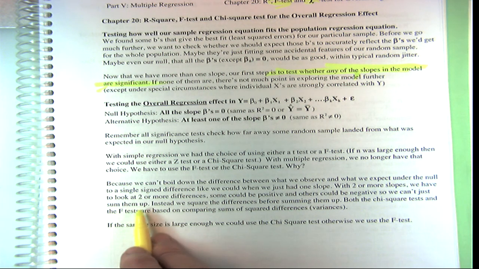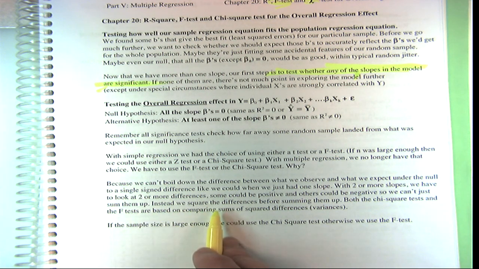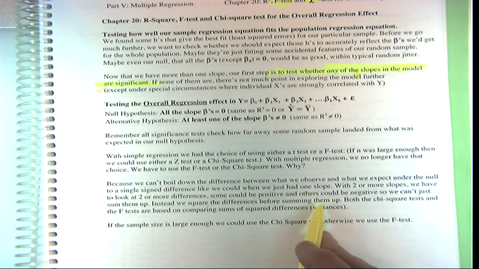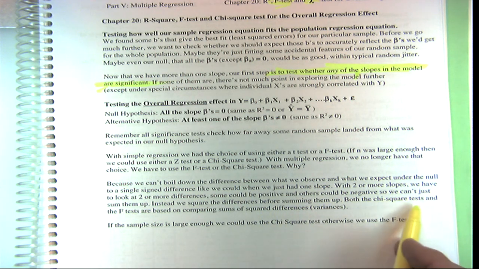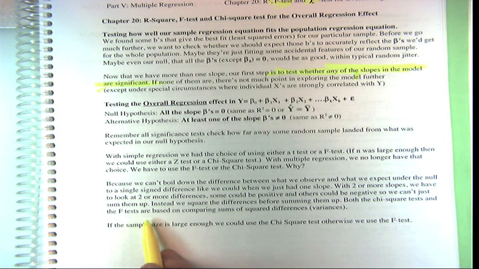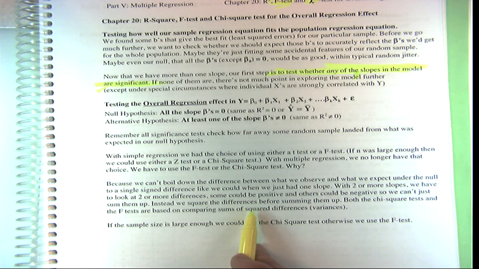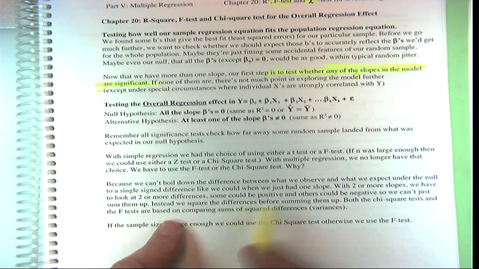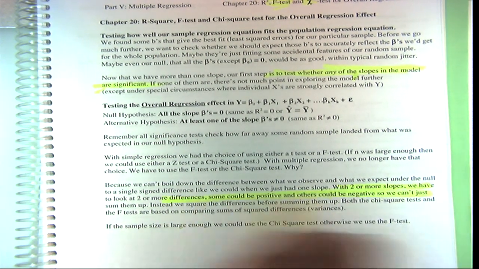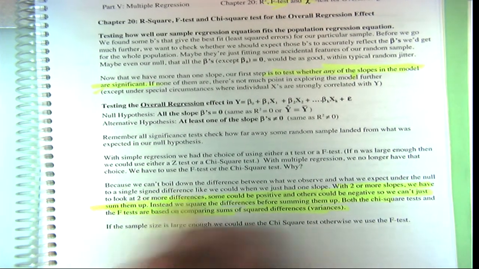We have to get rid of the sign first. So instead, we square the differences before summing them up. Both the chi-square tests and the f-tests are based on comparing sums of squared differences. Sums of squares come up over and over again in all analysis of variance. All right? So that's the basic idea, and I'll just highlight it here.